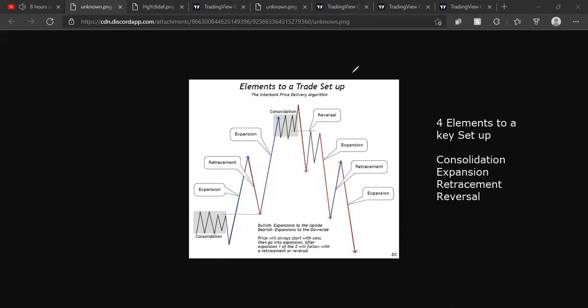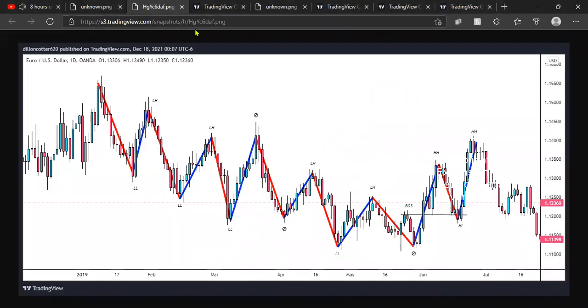So we got another example here. I'm gonna move this right there, and now we can look at this example here. This is just a diagram of expansions and retracements.